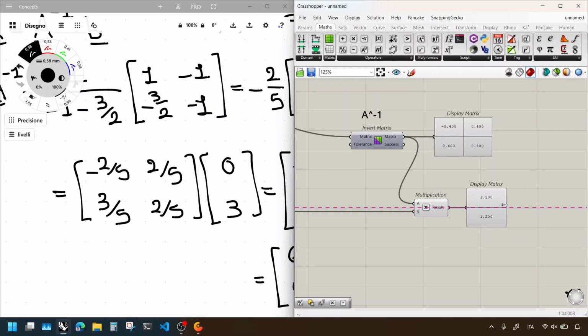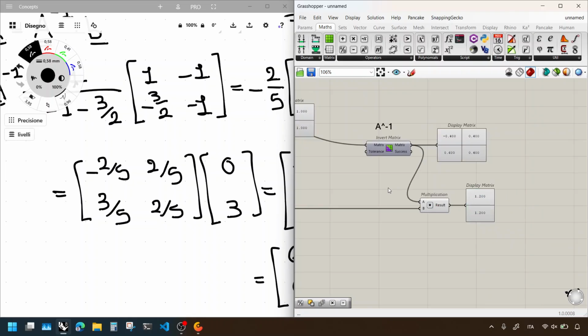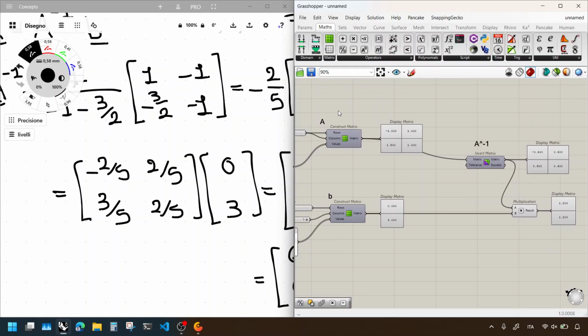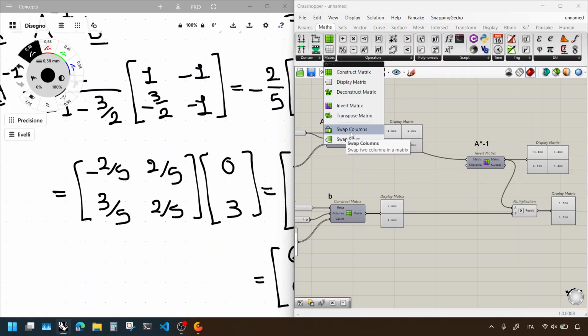So this is just the same thing we did by hand, and we wrote a linear system of equations in matrix form, and then we found out the solution of this linear system in Grasshopper. So that's fine. Other tools we have with matrices is swap rows and columns, which just moves rows and columns around. That's not particularly useful in our application.